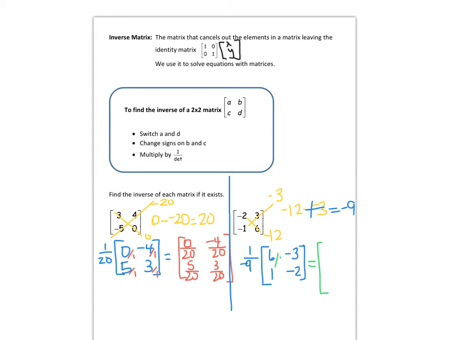Remember, you can think of these as all having 1s on the bottom. These numbers just multiply with the top, the 1, not the negative 9. So we're going to end up with 6 over negative 9, negative 3 over negative 9. You may want to change that to just positive, because negative divided by negative would cancel out.